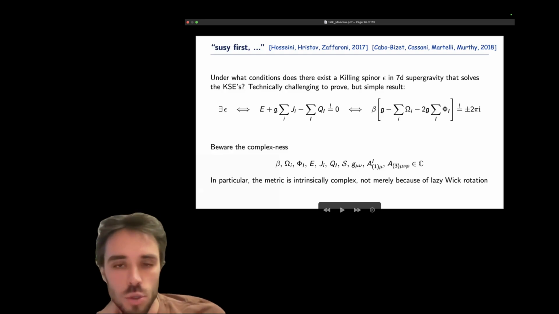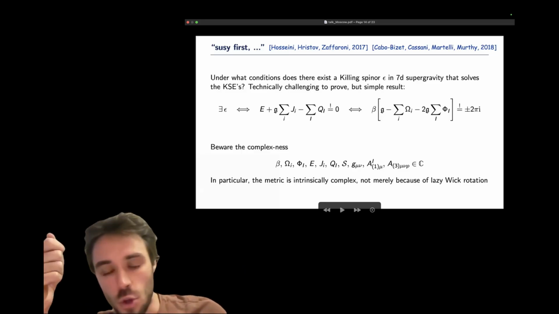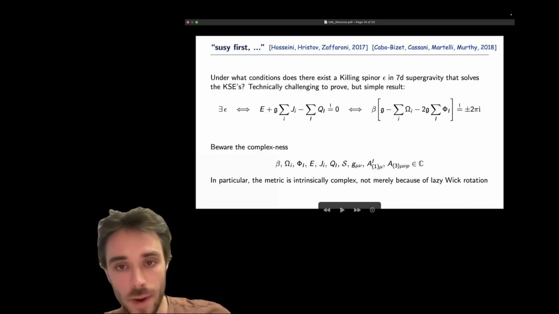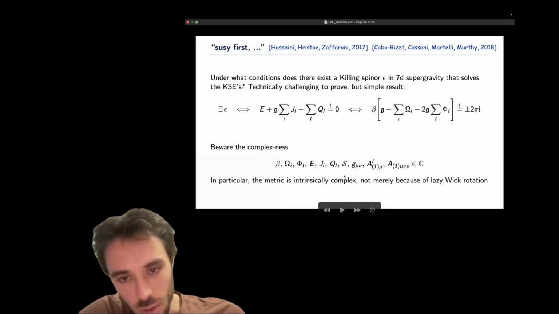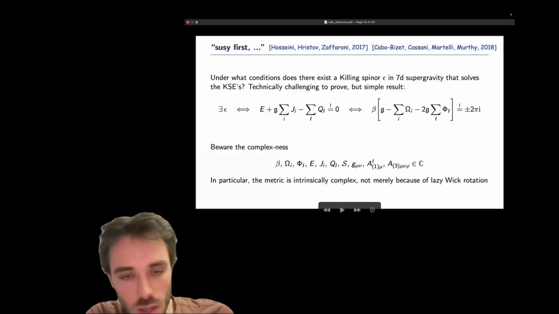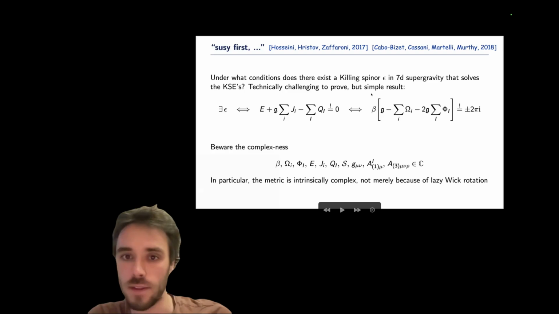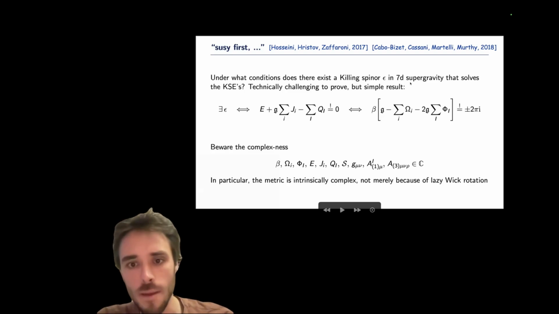But you can go to what's known as the real Euclidean section. That is, you take some of the parameters in the solution, like a rotation parameter, you Wick rotate that one as well, and now that gives you a real metric to operate on. What I'm describing is more complex than that. Even if you try to Wick rotate some of your parameters, there is no way that you're going to get a real metric. So this is a complex solution to Euclidean supergravity. That's the fully correct words to say.